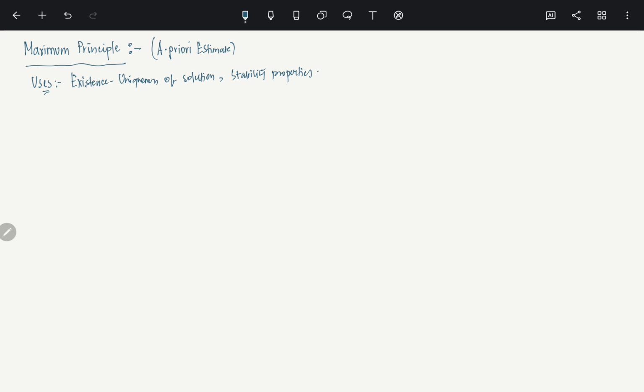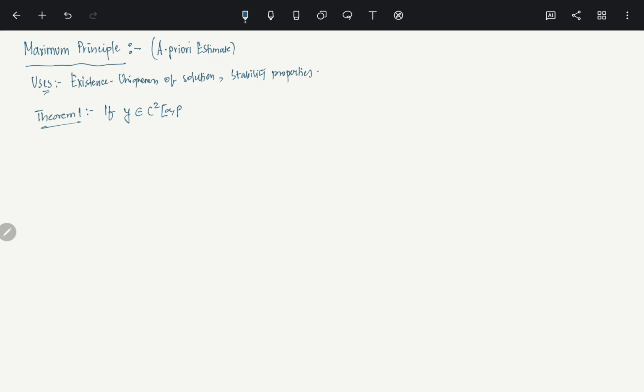So what is the idea of the maximum principle? Basically, we are looking for a maxima or a minima of solutions. Without much ado, let me start with the theorem, and by explaining the theorem I can better explain what exactly we are trying to achieve here. Let's say y is in C2[alpha, beta].